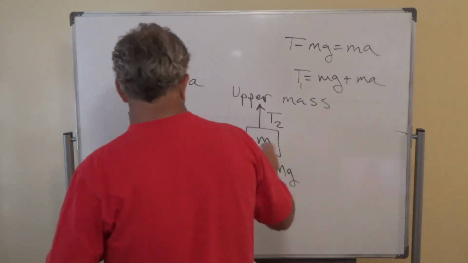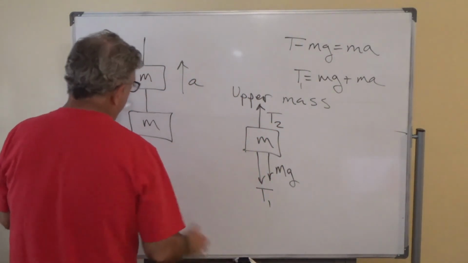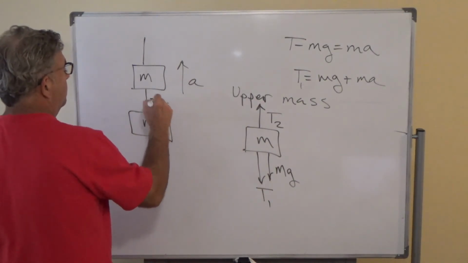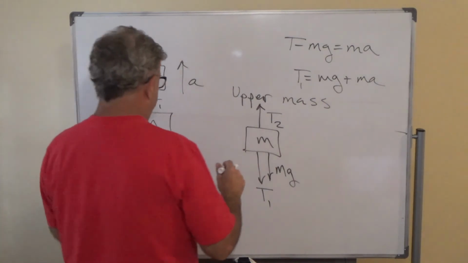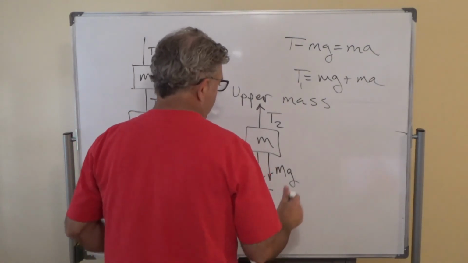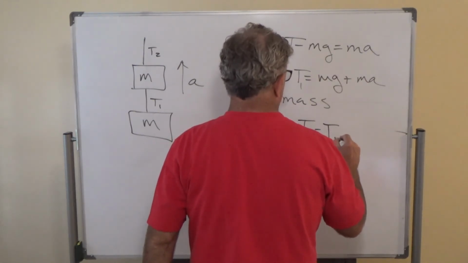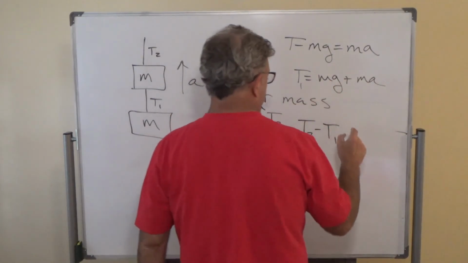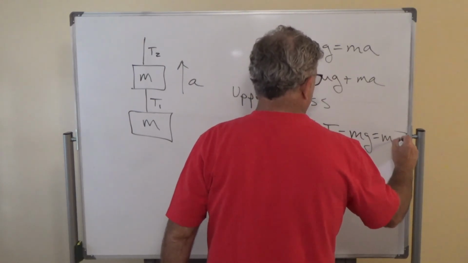So for T2, which I'm calling the tension in the upper cable, you have T2 minus T1, that was just calculated here, minus mg is equal to ma.